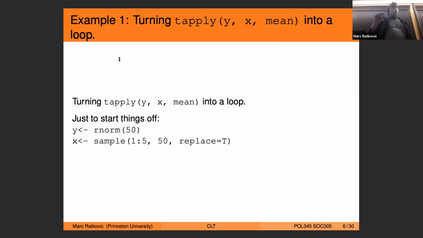To give you an idea, y is going to be rnorm(50), just 50 draws from a random normal. And x is just going to be the numbers 1 to 5 selected at random. So I have 5 groups, and I want to calculate the mean of y for each of those 5 groups. tapply is one way to do it. A second way to do it is a loop.